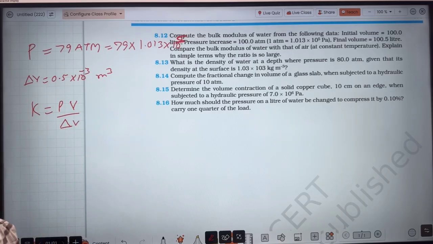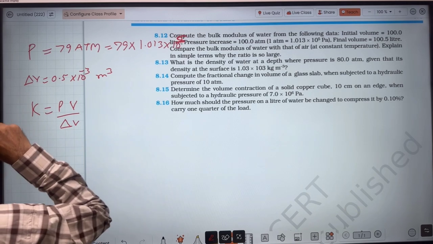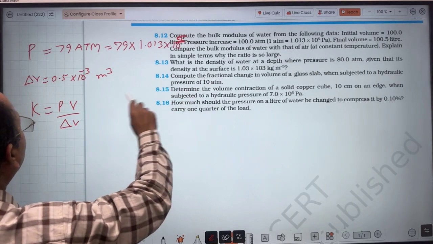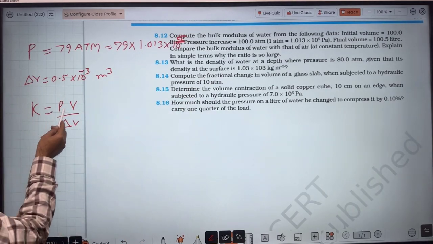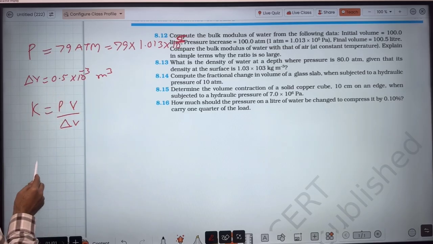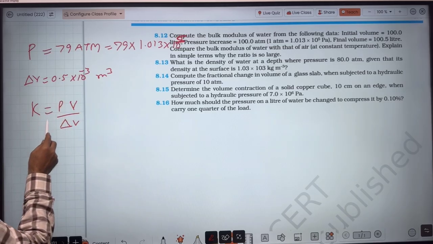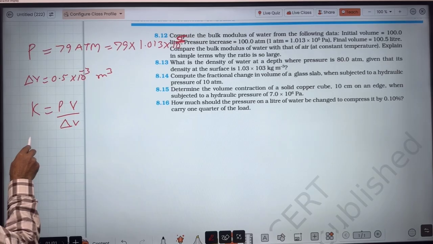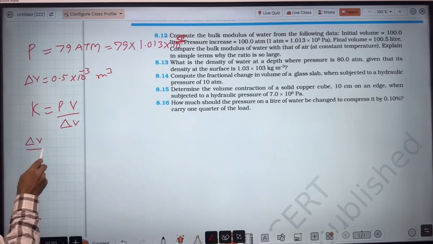We have the value of... neither K nor compressibility is given, but there must be some value, right? So let's proceed. Later I will put it, so delta V upon V is what we need, and V is also given.